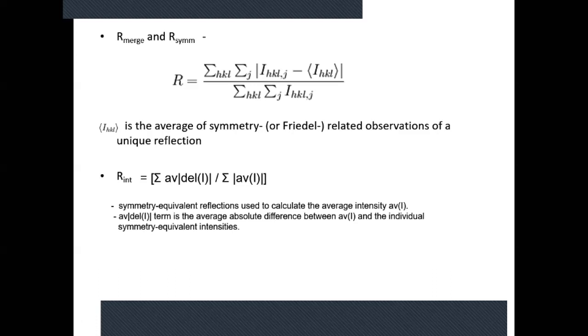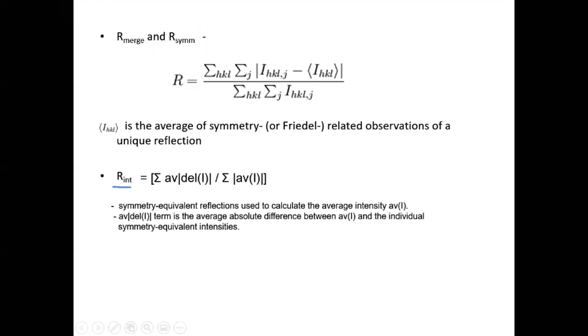The most important one that we use, and this is something you'll notice when you're solving structures, is the RInt. If your RInt is high, it's going to be a little bit more difficult to solve your crystal structure than if the RInt is low. Generally, you want an RInt less than 0.1.